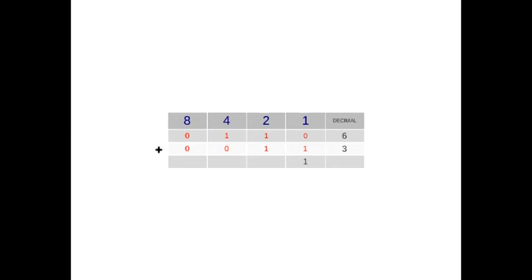Then we go into the next column, carrying no ones, so 1 plus 1 is 10. We carry the 1 across into the next column. And then we look at this, we say 1 plus 0 is 1, plus the 1 we carried over, so that would be 0, and 1 in the end column, which gives us our answer 9.